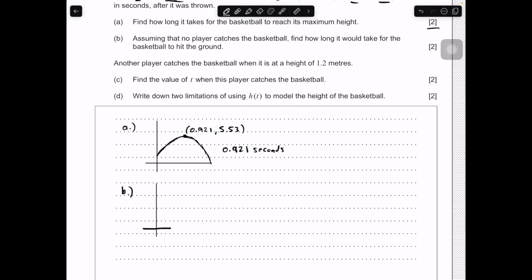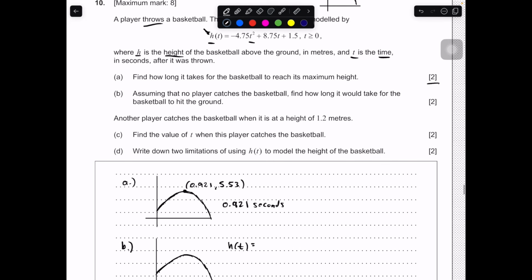I think since the graph is already open, it would be somewhat straightforward to just find this value right here, where we intersect the x-axis. But essentially we could also say, okay, if we have this function, h of t is equal to negative 4.75 t squared plus 8.75 t plus 1.5.